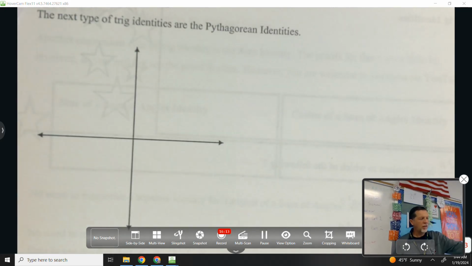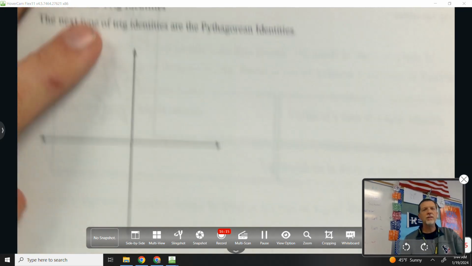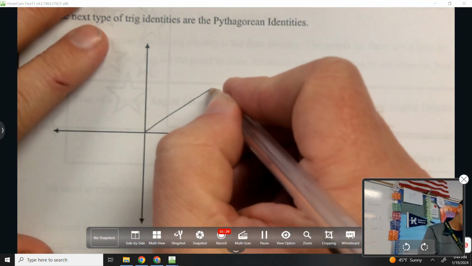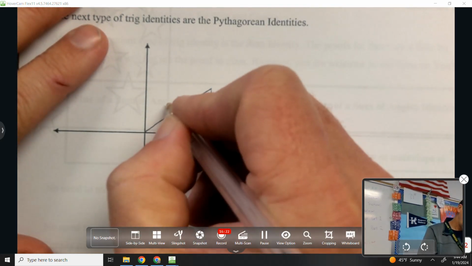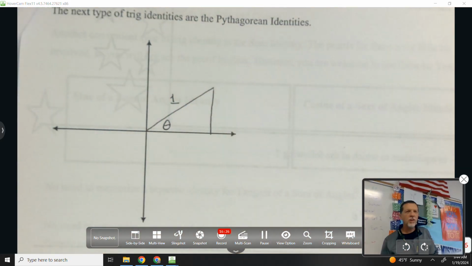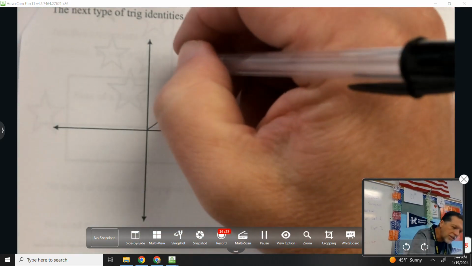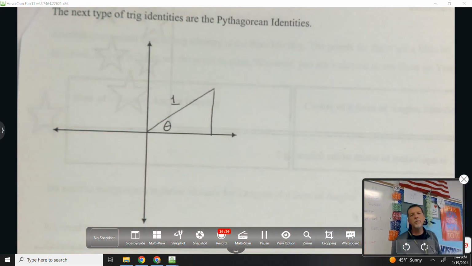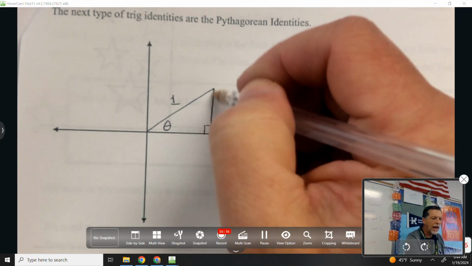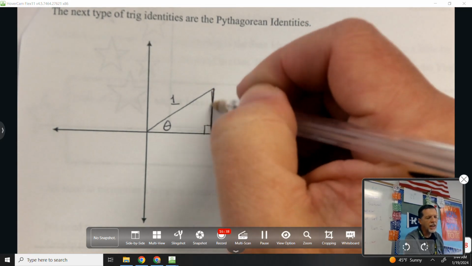Okay, this next page looks really long, and I don't know how to make it that long, so we'll make it short. So let's draw a triangle that was maybe taken from the unit circle. So how tall, a right triangle at that, how tall is this leg of the right triangle?